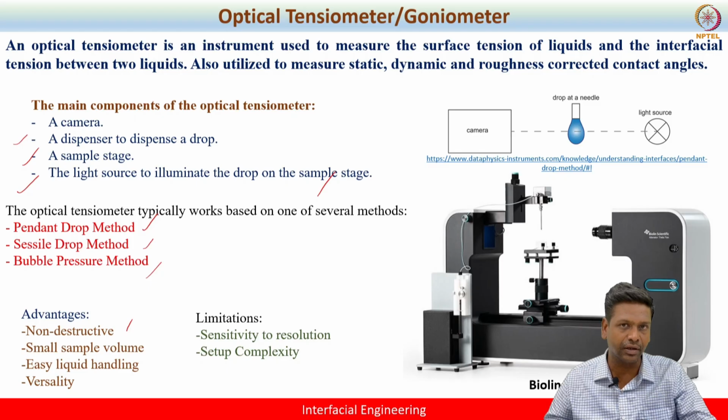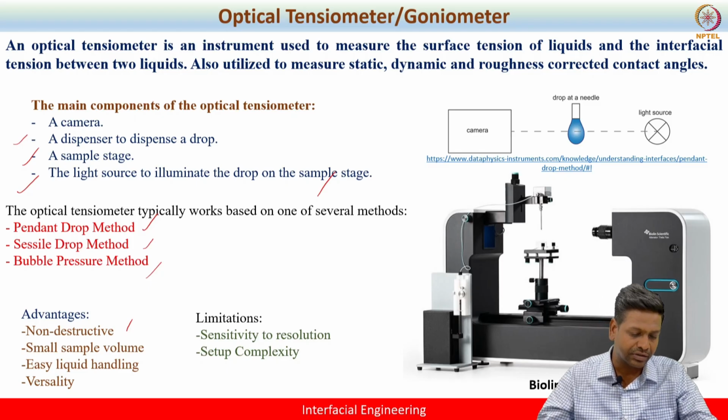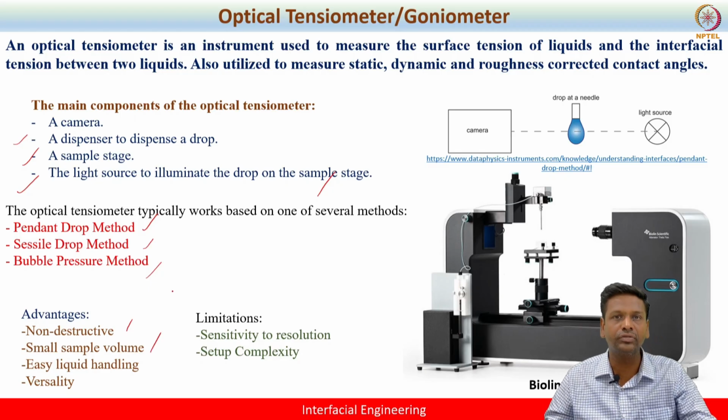You can say that this is also a non-destructive method, and unlike the force tensiometer, it doesn't require a huge sample volume. All you need is just a few microliters of sample.